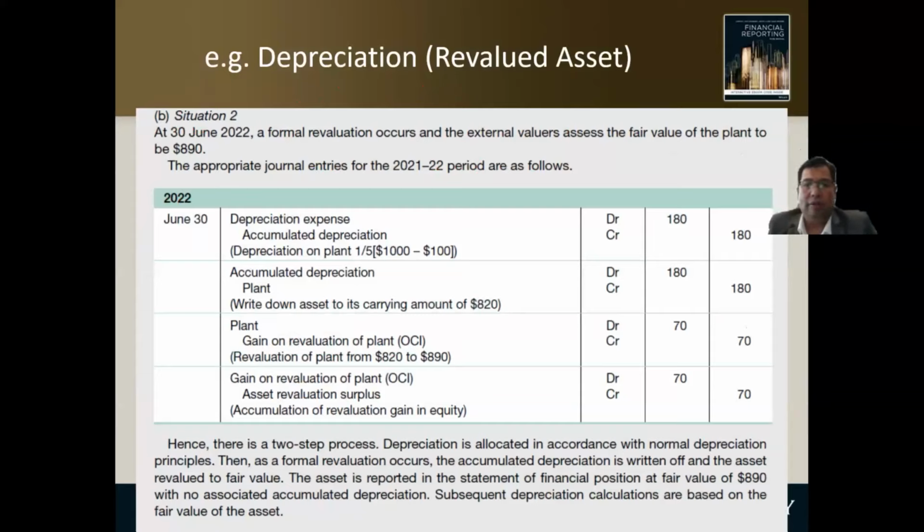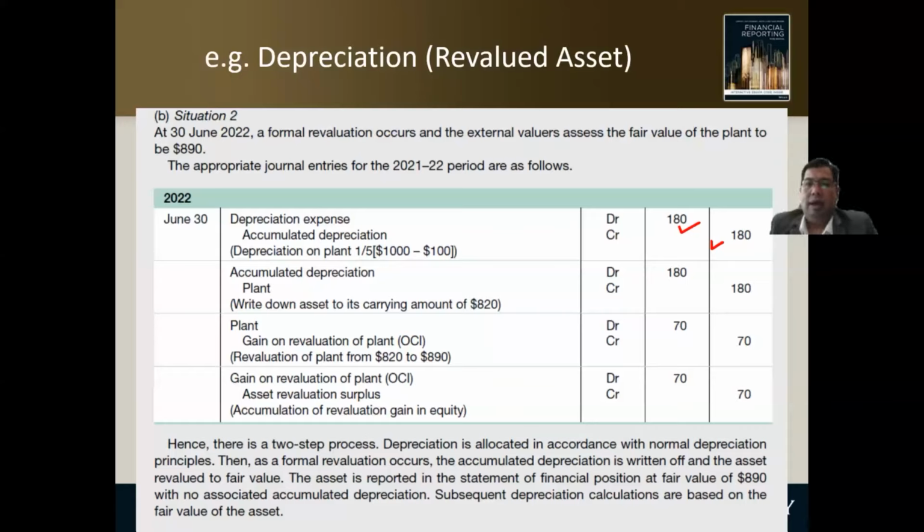In the first year, we're going to debit depreciation expense 180, credit accumulated depreciation 180. So this is the normal depreciation, that is 1,000 minus 100 divided by 5. Debit depreciation 180, credit accumulated depreciation 180.